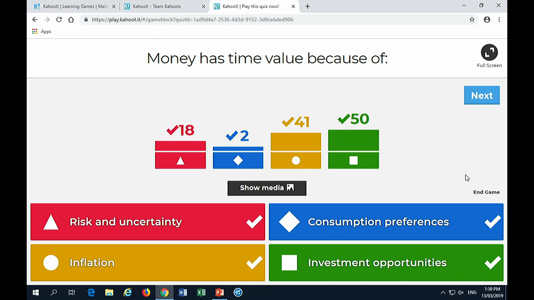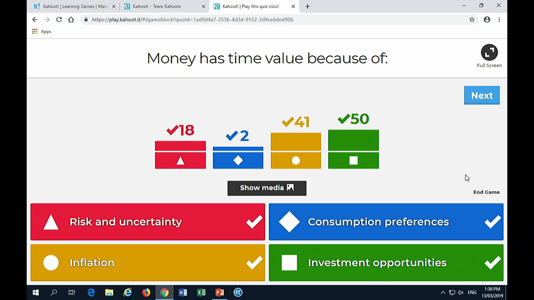It is about your consumption preferences, and sometimes consuming that money today is actually worth to you a lot more than any compensation you get in the future. Sometimes you might be making an informed decision that you do decide to consume today rather than wait for another year or whatever time period.